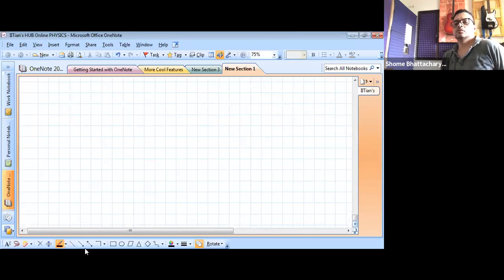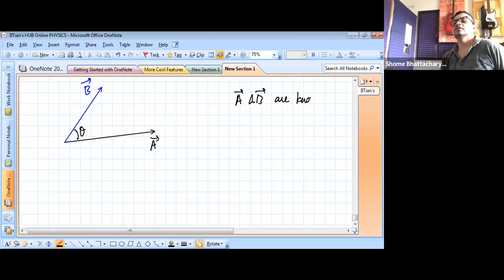So again, taking a generic kind of diagram, suppose this is some vector A and this is some vector B, which are given to us in i cap j cap notation. So A and B are known vectors, but in component form.